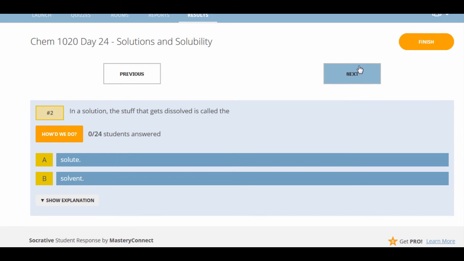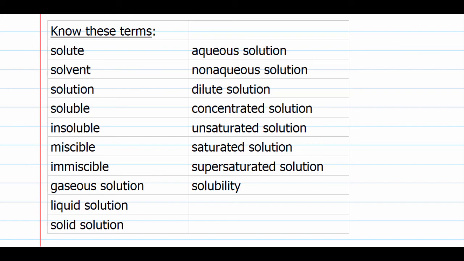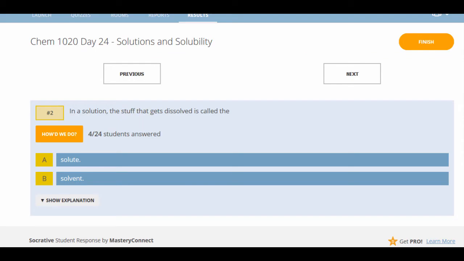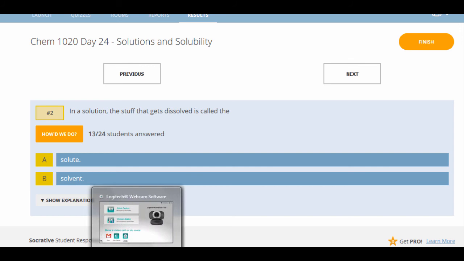All right, then, brings us to the next term here. And again, we are going through a list of terms here today, solute, solvent, solution, etc. So your next question on the Socrative app is, in a solution, the stuff that gets dissolved is called, you can always ask the neighbor what he or she thinks.